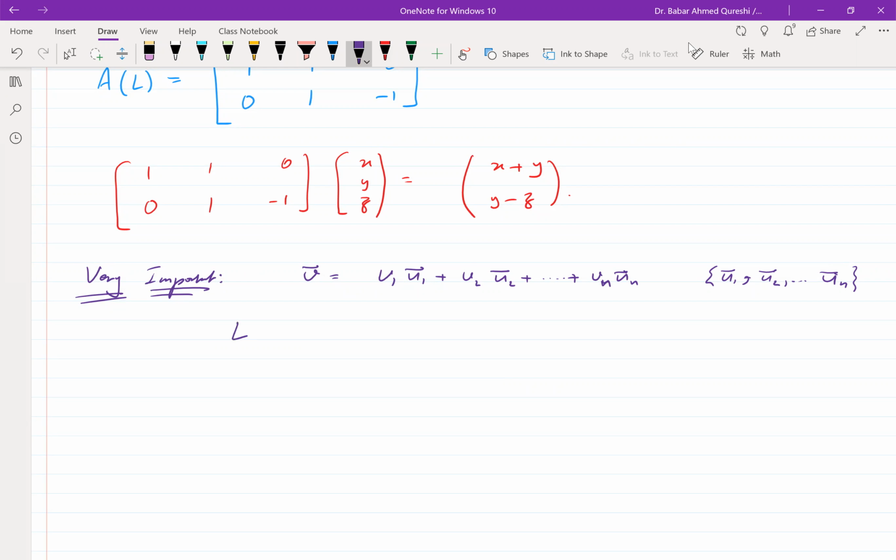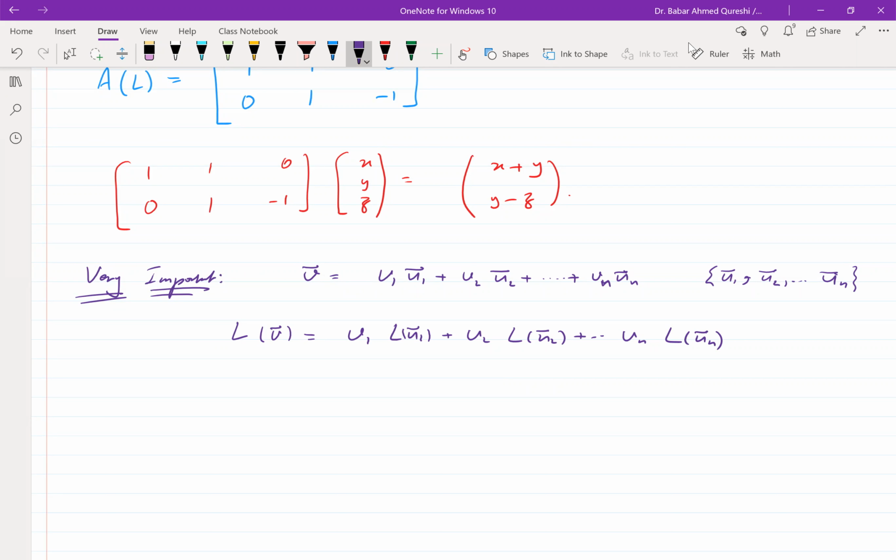Now, I have an infinite number of vectors, and I want to give a rule, or I want to know how this linear transformation acts on them. But if I apply a linear transformation to an arbitrary vector like this, because of linearity, these coefficients come out, and if I just knew how this linear transformation acts on the basis vectors, I can then compute its action on an arbitrary vector.